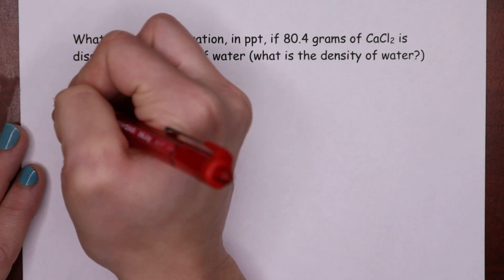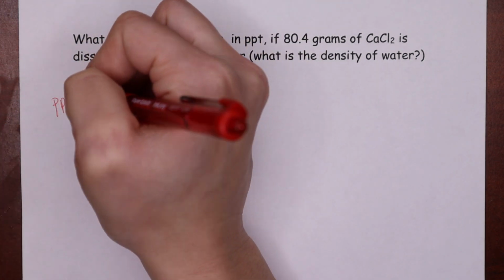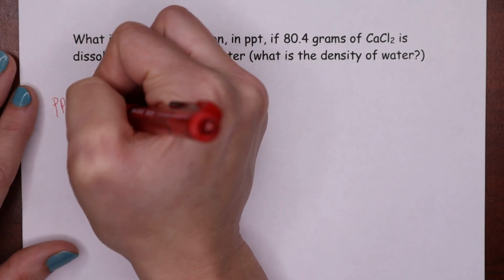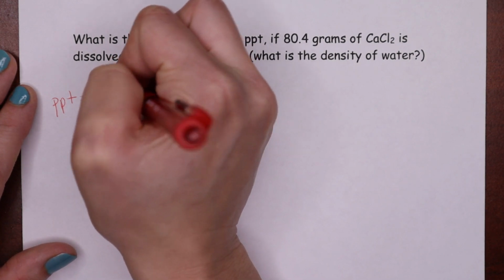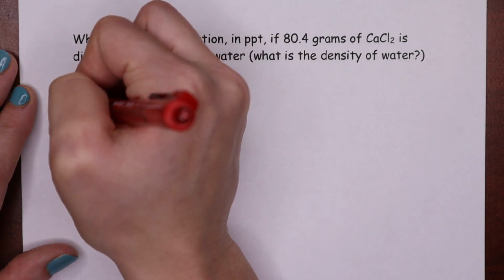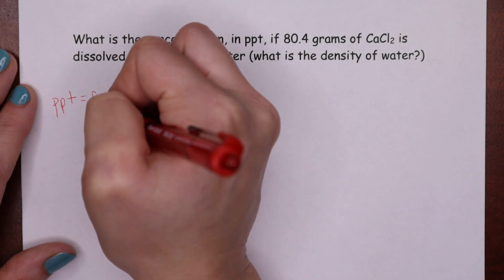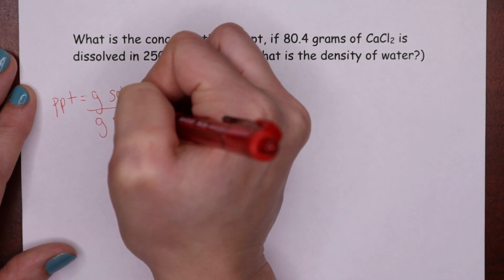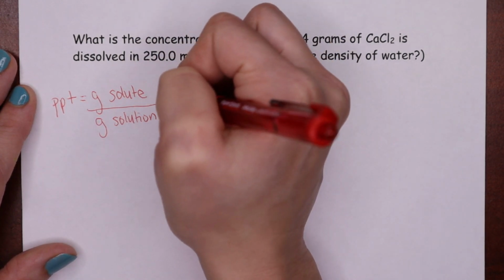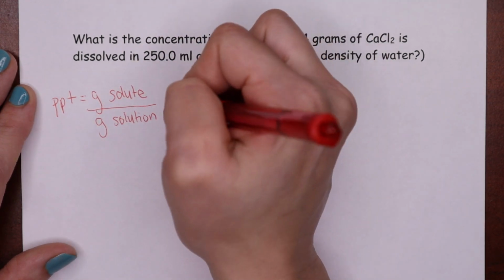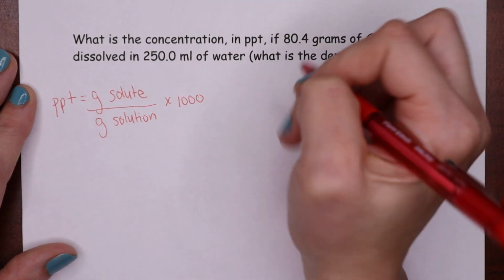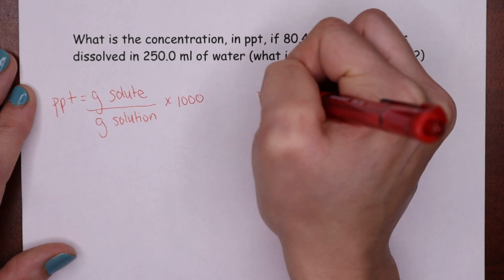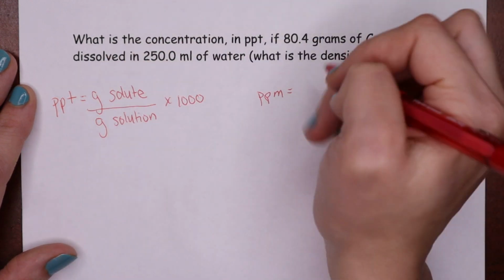For parts per thousand, you have to know grams of solute over grams of solution times 1,000. If it's parts per million, this is going to be the same.